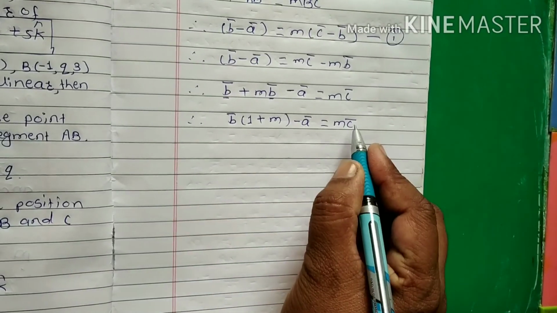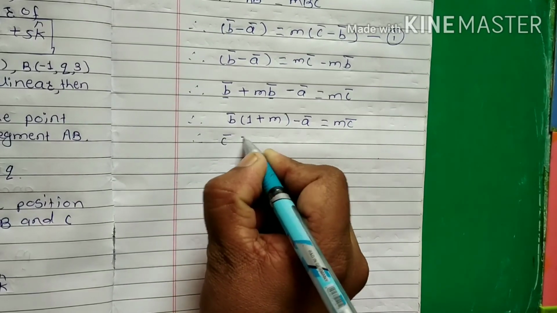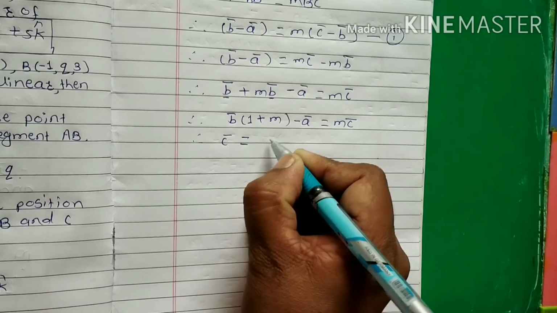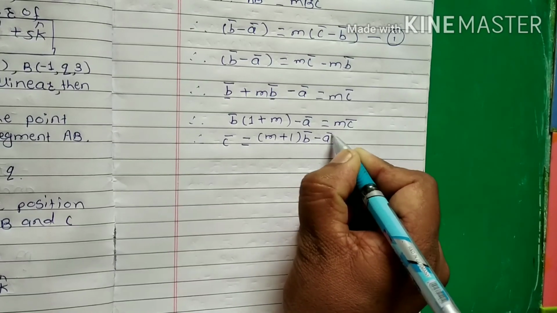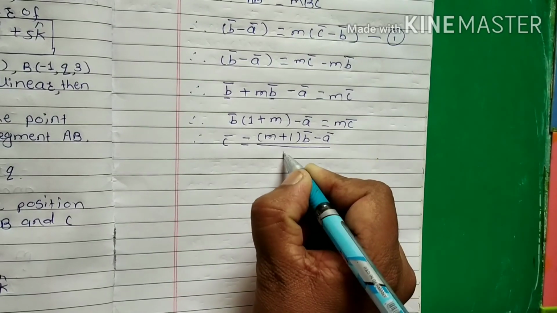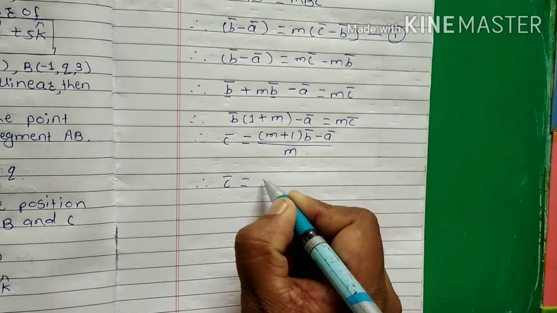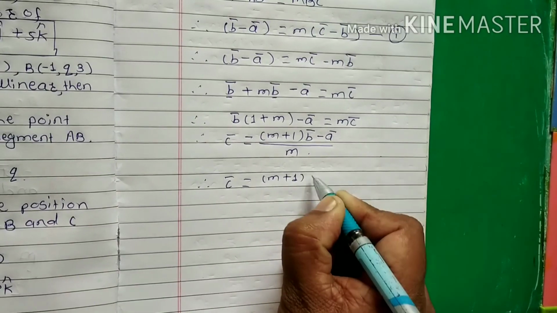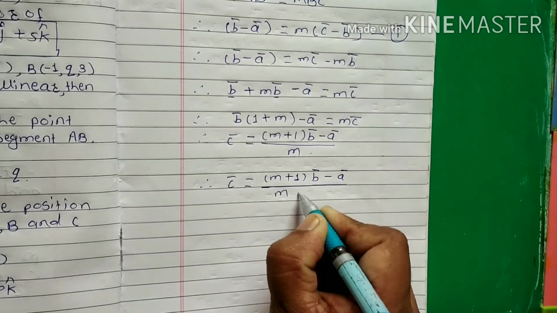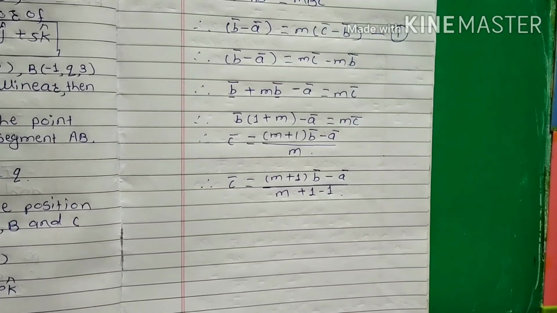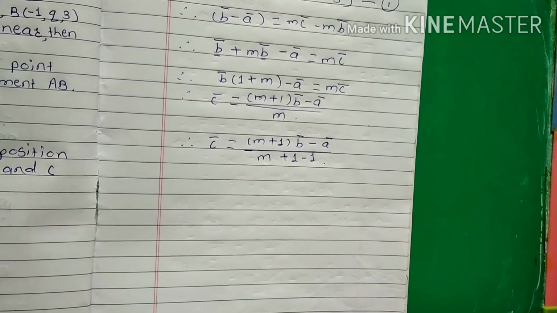Then we find the value of C bar. Therefore we write C bar is equal to (M plus 1) into B bar minus A bar divided by M. It is also we write C bar is equal to (M plus 1) B bar minus A bar divided by (M plus 1 minus 1), which does not change the value of M. The 1 gets cancelled, we get M here.